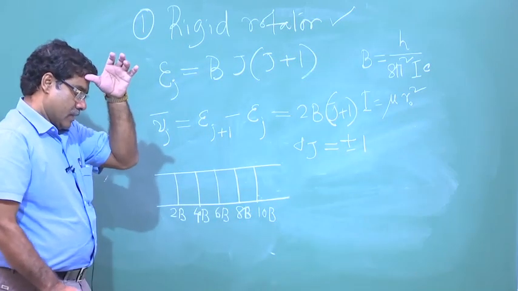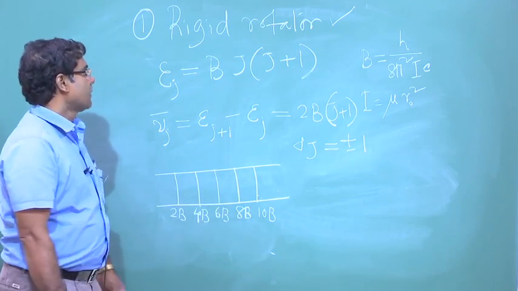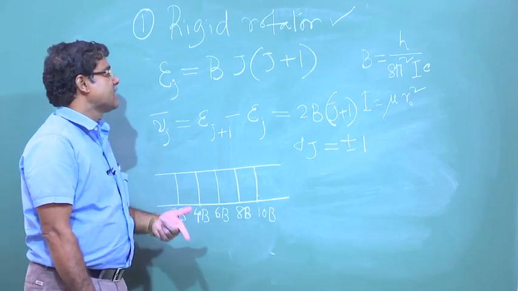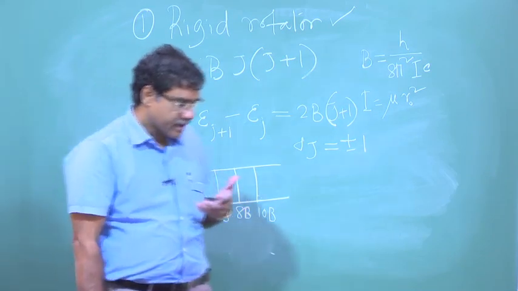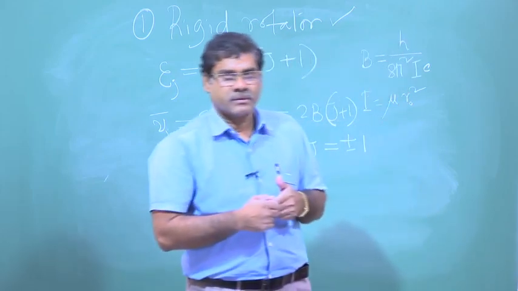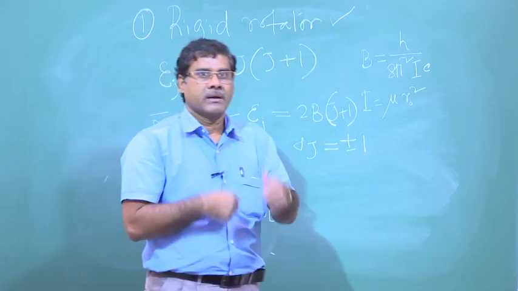So, this is the spectra we will see from linear molecules if it is a rigid rotator, if it is rigid enough so that the bond length is not changing during the rotation.